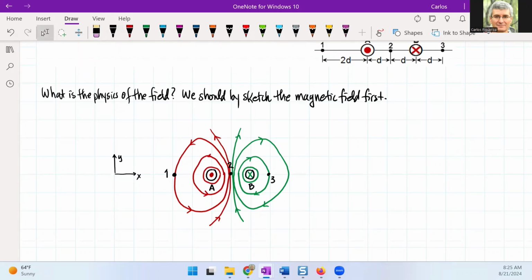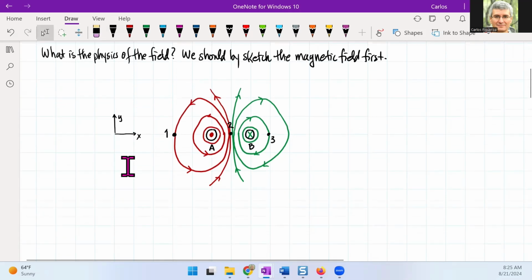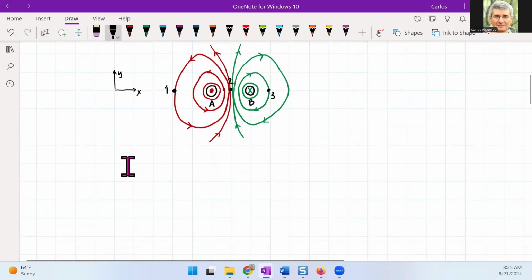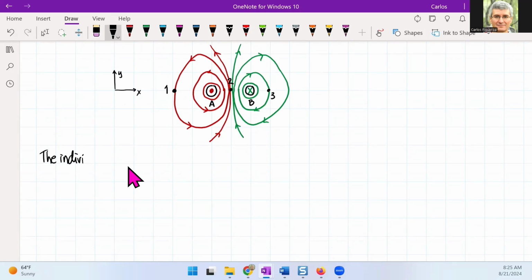So let's write down a couple of things of what I just said here. First thing here is that the individual fields have symmetric circular patterns.